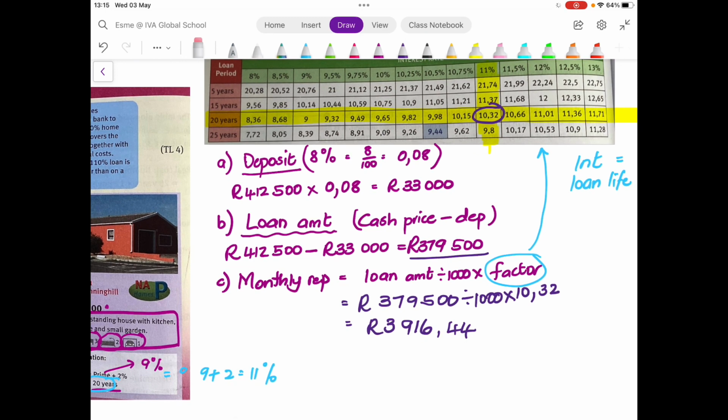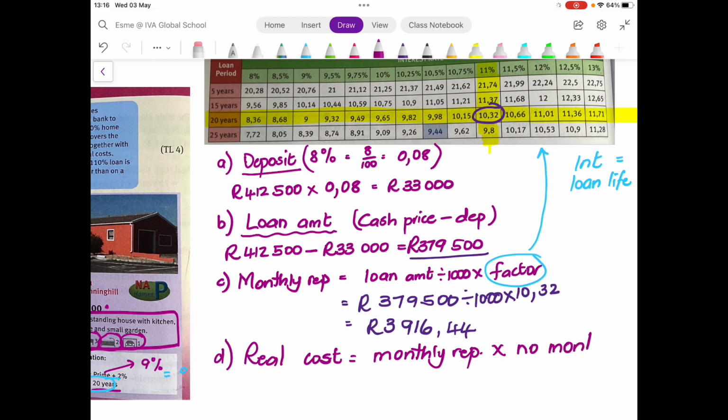You were then asked to calculate the real cost. So let's go and have a look. Real cost, and this you need to know. Real cost equals monthly repayment times the number of months. Okay, and in this case, it was a 20-year loan, so it's 20 years times 12 months, and 20 times 12 is going to be 240 months.